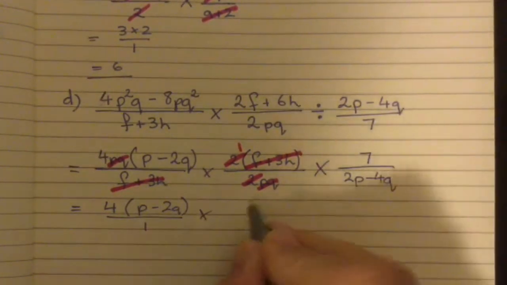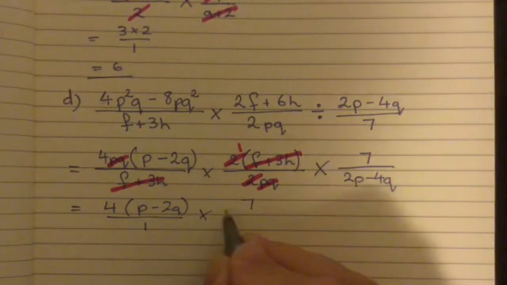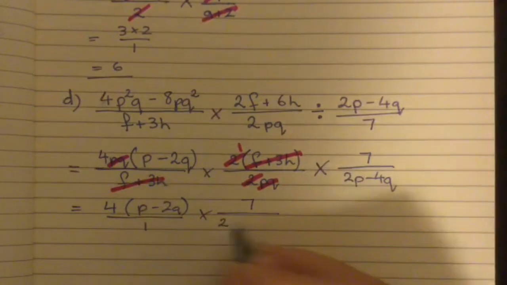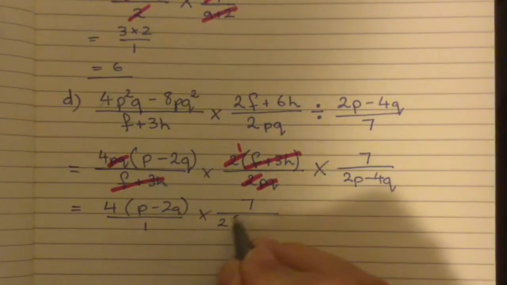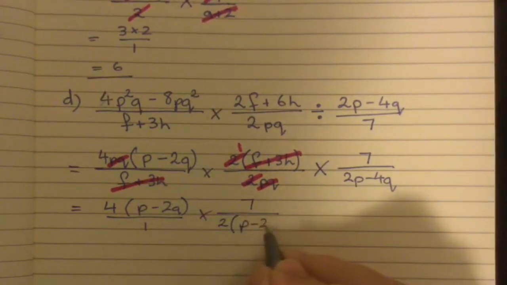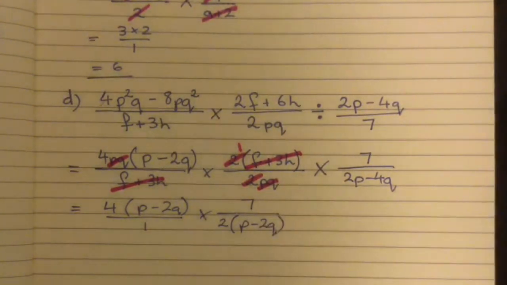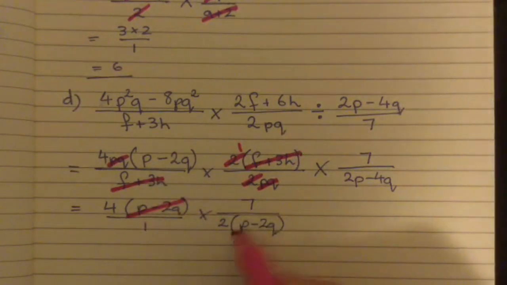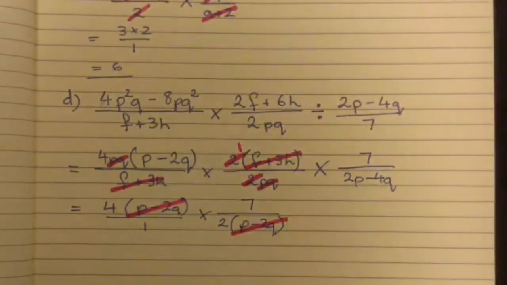And over here, now I'll do the factoring of this bottom term. I've only got 2 as a highest common factor, and then I've got p minus 2q. As we factorize that, you can see here we've got these two, p minus 2q, gone.